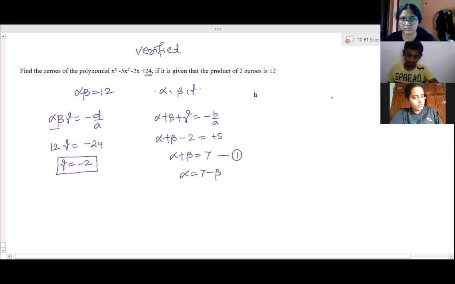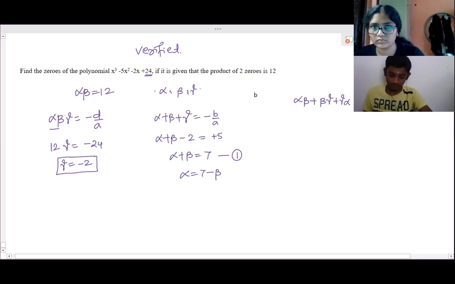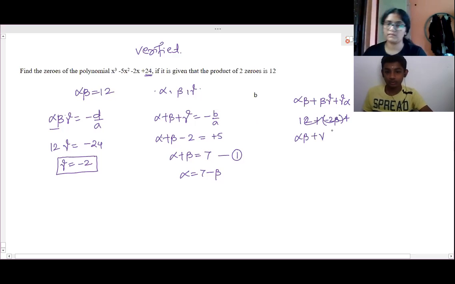Now, the second one. Alpha beta plus beta gamma plus gamma alpha is equal to c by a. That is minus 2. Alpha beta is 12 plus gamma is minus 2 into alpha plus beta.